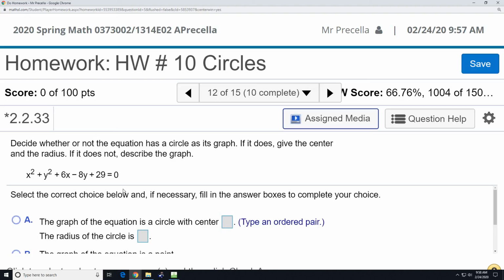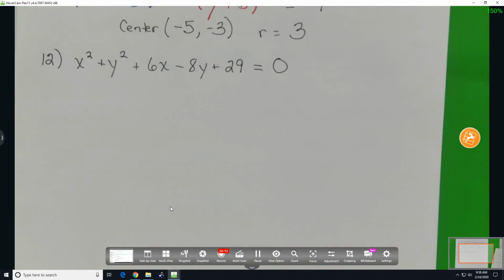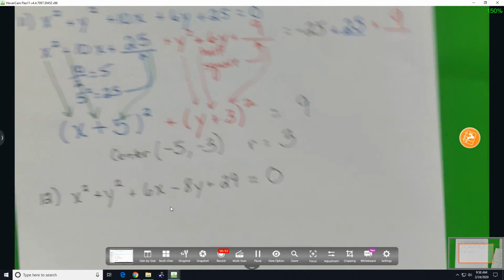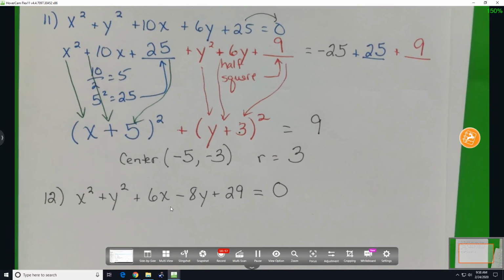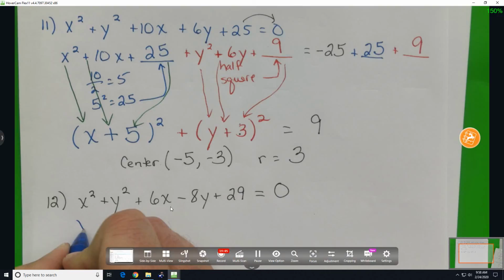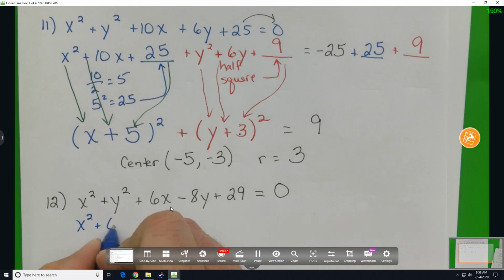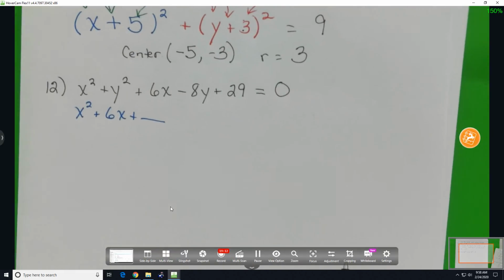So x squared plus y squared plus 6x minus 8y plus 29. Okay. So here we go. I'm doing the same thing I did up here. Oops. Notice we didn't need to divide. I think number 10 is the only one we have to divide something. Okay, right off. So I'll group the x's together. X squared plus 6x and put a blue plus line.